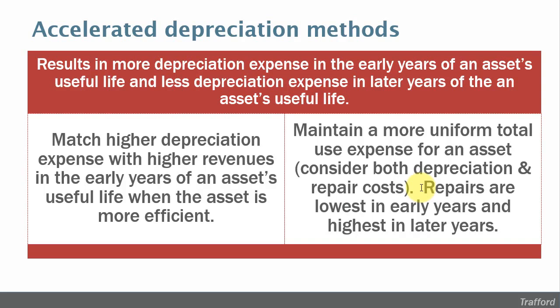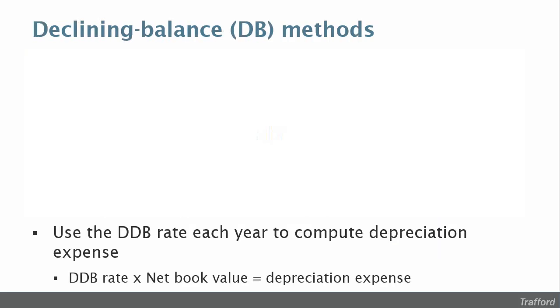Well, let's take a look at how we would actually apply one of these methods. And the method that I want you to understand would be what's called a declining balance method, and in particular I'm going to teach you a variant of the declining balance method called double declining balance, because it's one that's very commonly used. Under a declining balance depreciation method, you basically use this formula to compute your current year's depreciation expense.